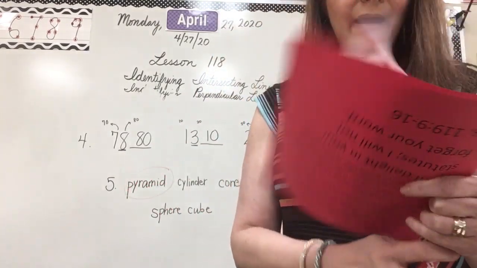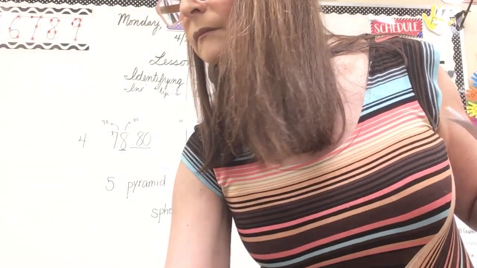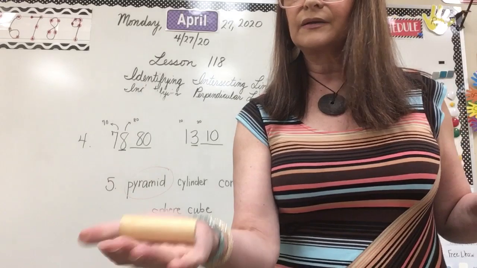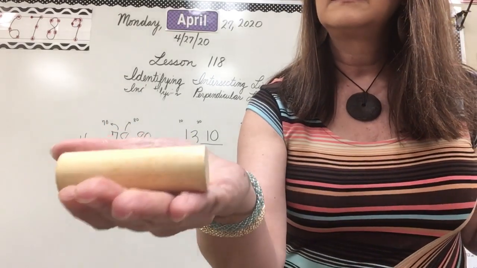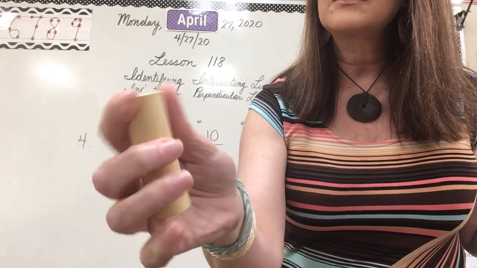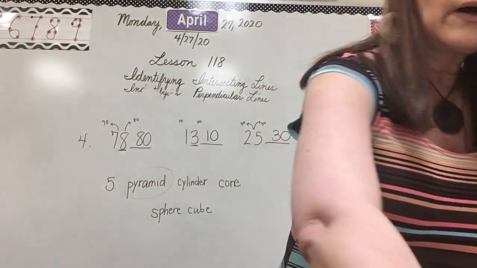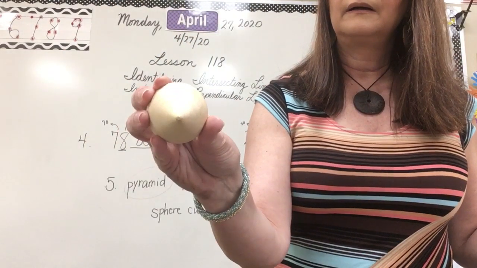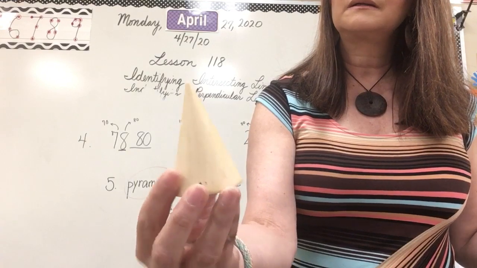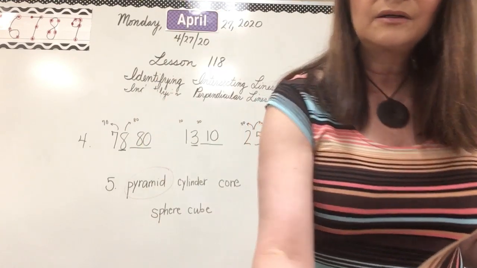All right, what about the cylinder? Here's my cylinder. Do you see a point? A vertex here? No, we don't, do we? What about a cone? Do you see a point or vertex here? Yes, you do.